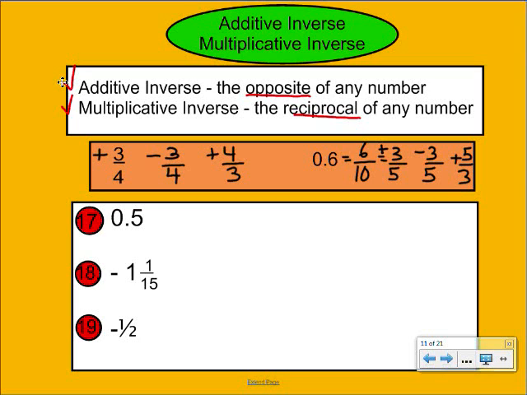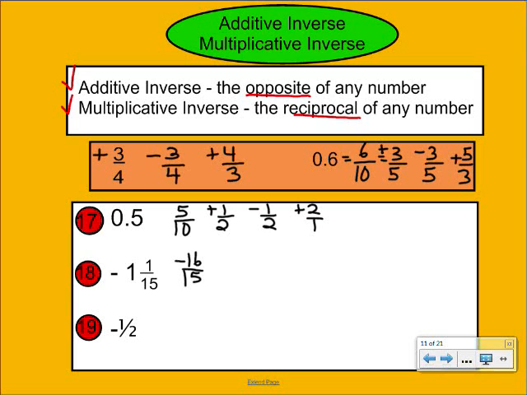Okay, welcome back. Take a look at number 17. We made that into 5/10. We simplified it into 1/2, and it's a positive 1/2. The additive inverse would be the opposite, which is a negative 1/2, and the multiplicative inverse would be the reciprocal, which is a positive 2 over 1. In number 18, we said that that was a negative 16/15.